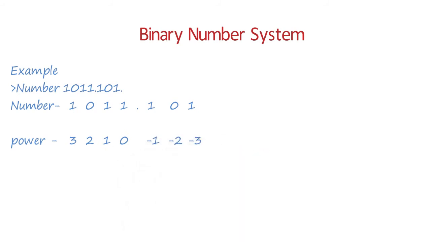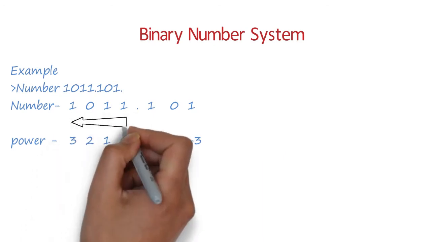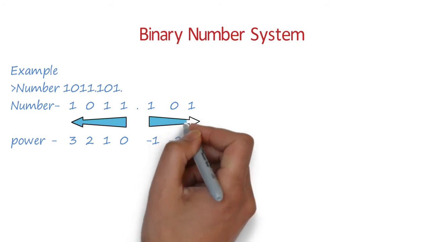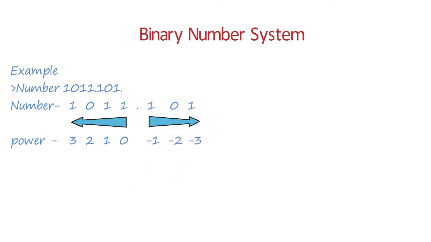The digits 1, 1, 0, 1 of the integer part have weights of 2 raised to 0, 2 raised to 1, 2 raised to 2, 2 raised to 3 respectively. Similarly, the digits 1, 0 and 1 of the fractional part have weights of 2 raised to minus 1, 2 raised to minus 2, 2 raised to minus 3 respectively.